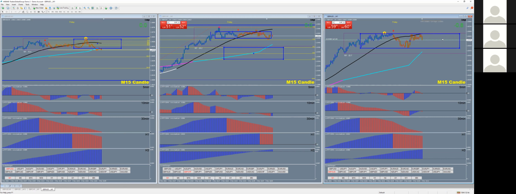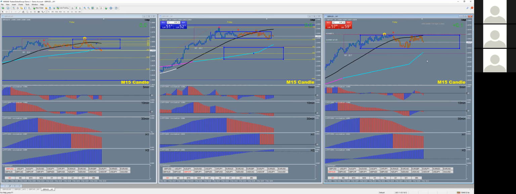I'll try that. Step up here, so that's an 8 pip stop. Let's see if we get a breakout. Or maybe not.